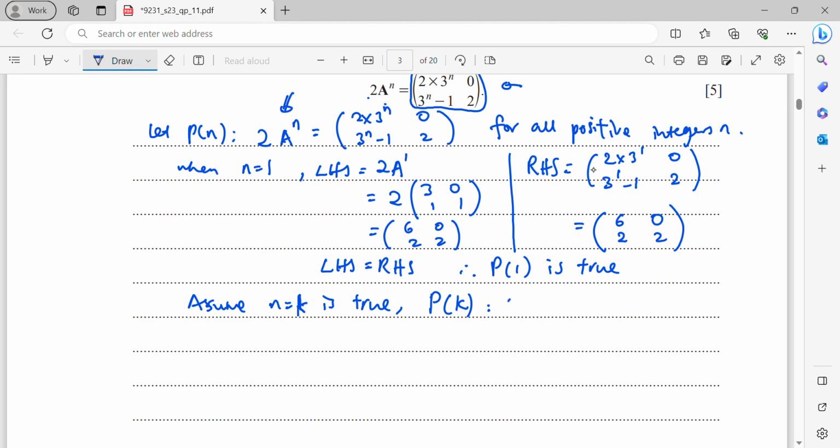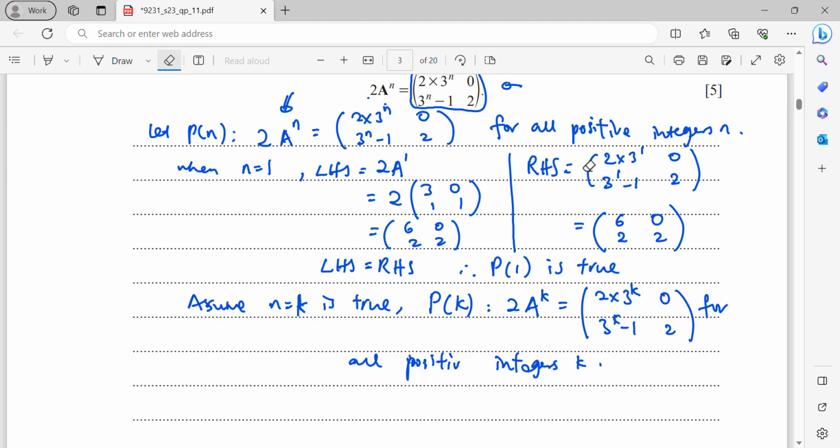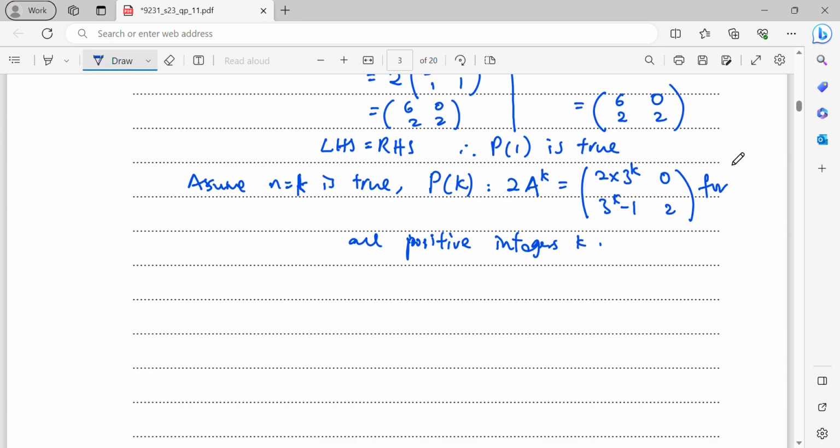So it will be 2A to the power of k equals 2 times 3 power k, 0, 3 to the power of k minus 1, then 2, for all positive integers k. Now we need to prove that it is true for n equals k plus 1.